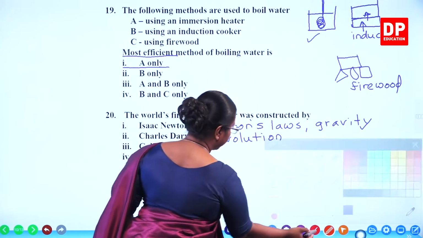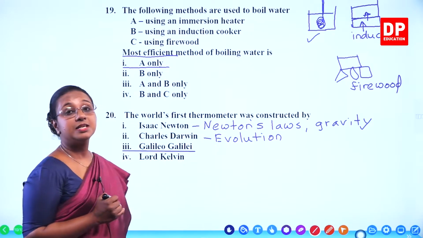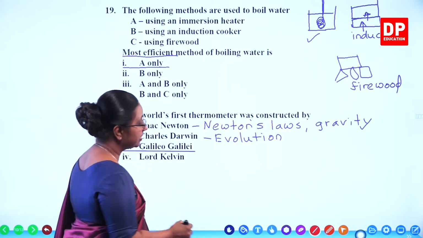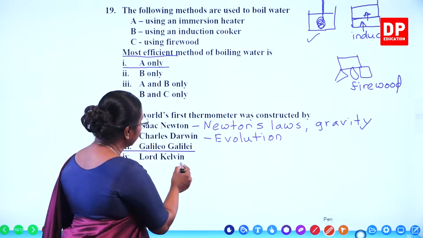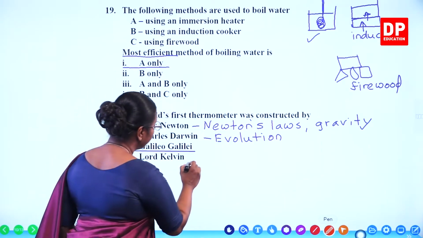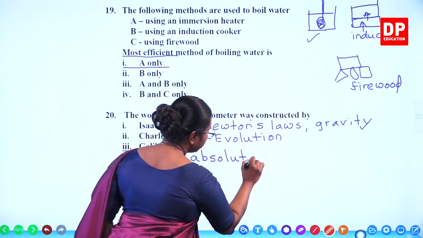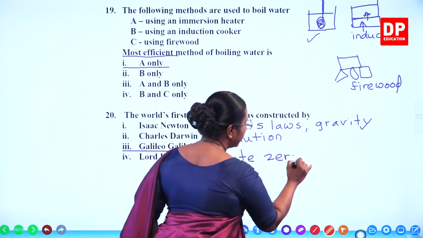So, he is the person who constructed the world's first thermometer. Then Lord Kelvin, he proposed the absolute zero temperature.